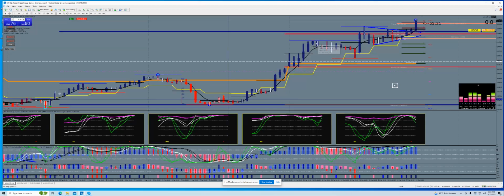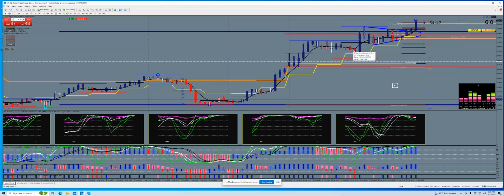As you can see, the background is still blue. That means my daily is still bullish, but we're in a pullback. My 4-hour and 1-hour are bearish because the 4-hour is gray and the 1-hour is red. So we know we're doing a pullback. Here my 1-hour and 4-hour are red, but my daily is still blue.